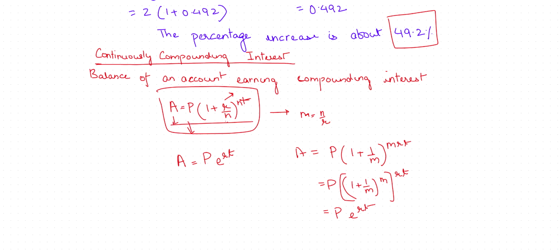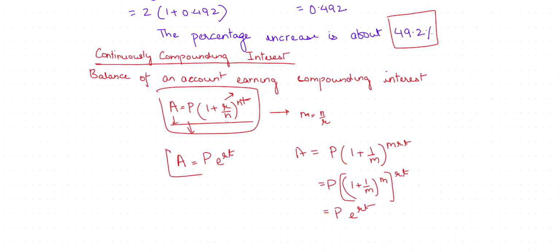Now when the interest is compounded continuously, then the amount A after t years is given by this formula.